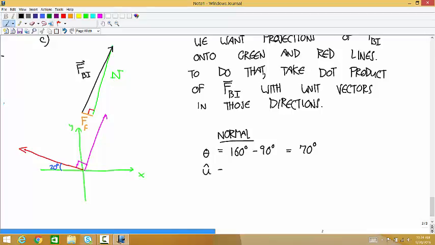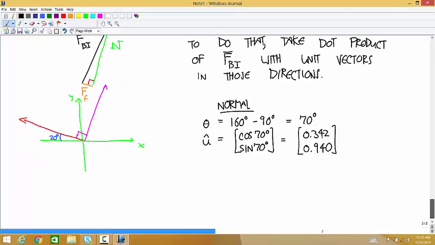And so the unit vector in the direction of that red line is cosine of 70, sine of 70, which is 0.342, 0.940. And now we're going to take F_BI dotted with that unit vector.